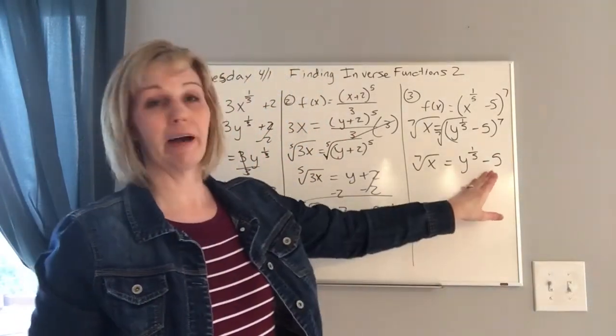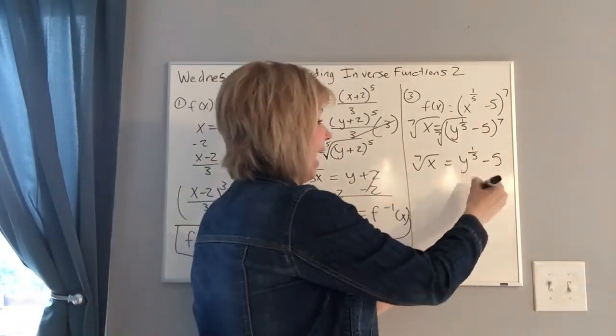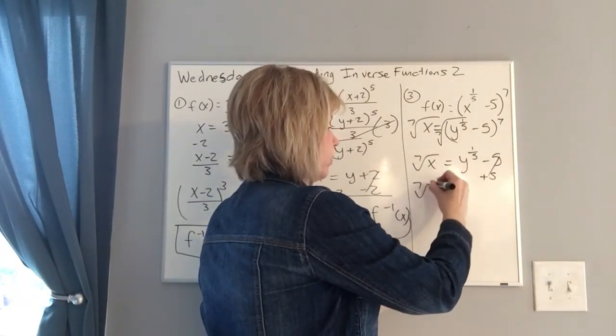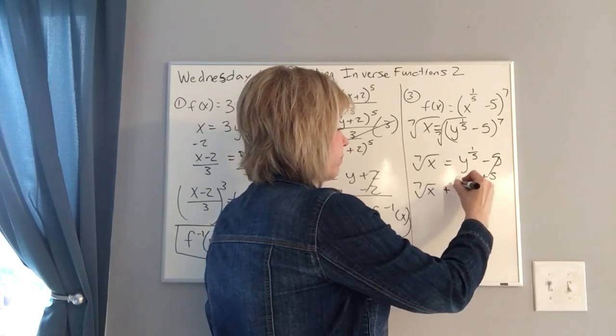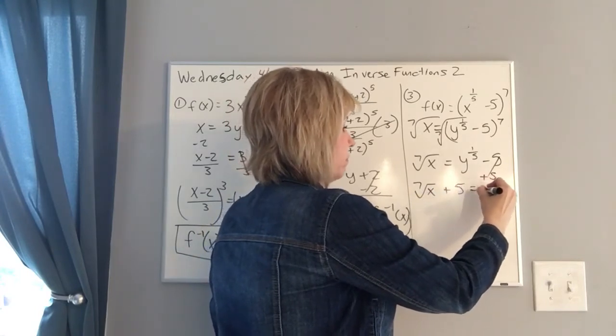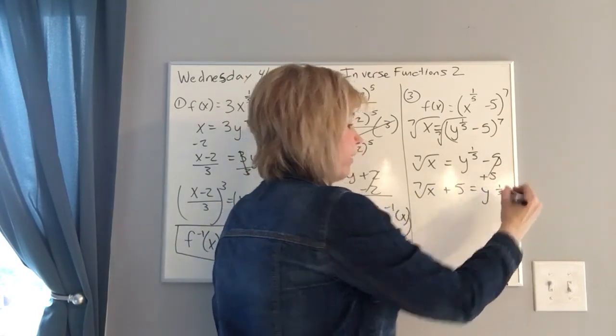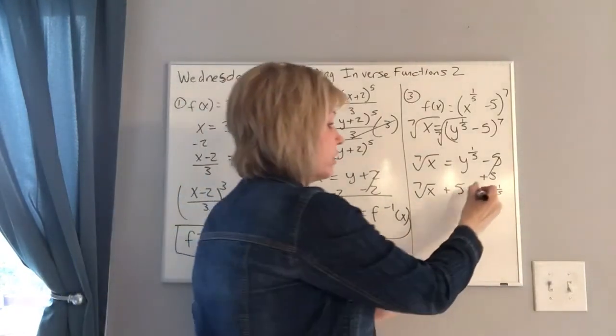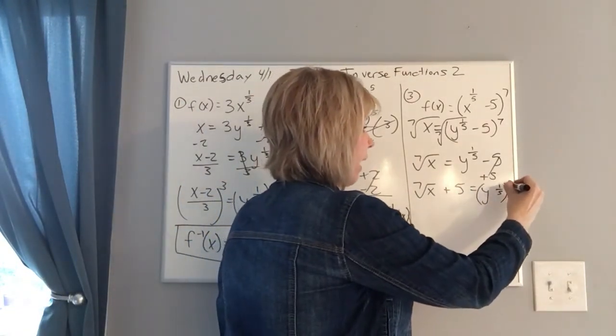And then you've got to move over the minus 5. So add 5, but it is not underneath. So it's the 7th root of x plus 5 outside equals y to the 1/5. So we need that to say y to the first. So this is where we raise it to the 5th power.